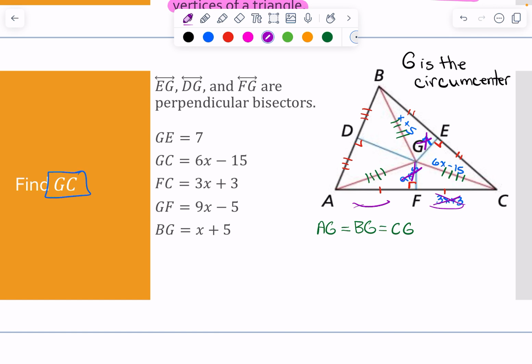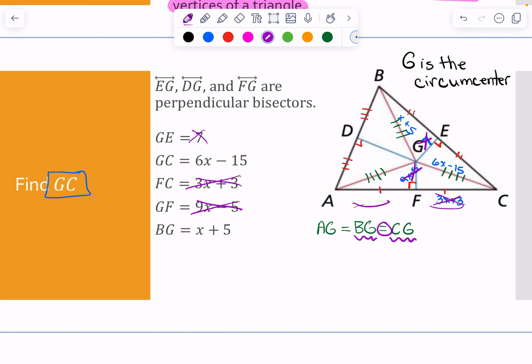But if I look here, this one's not going to help. That one will. This one's not going to help. This one's not going to help. But if I look here, I have BG and I have GC. And we've already said that those are going to be equal to each other because G is the circumcenter, and those are the segments that go from the circumcenter to the vertex, which means those are equal to each other.